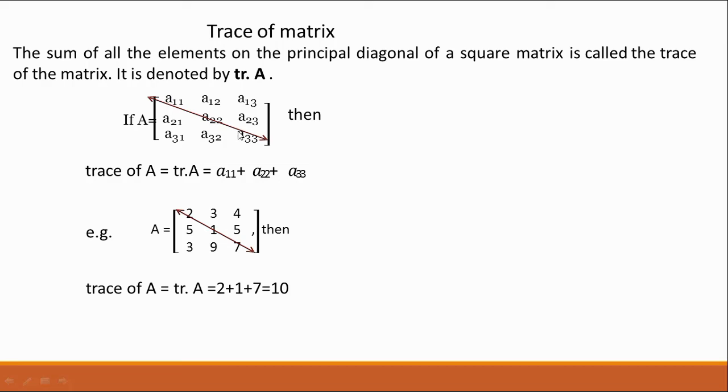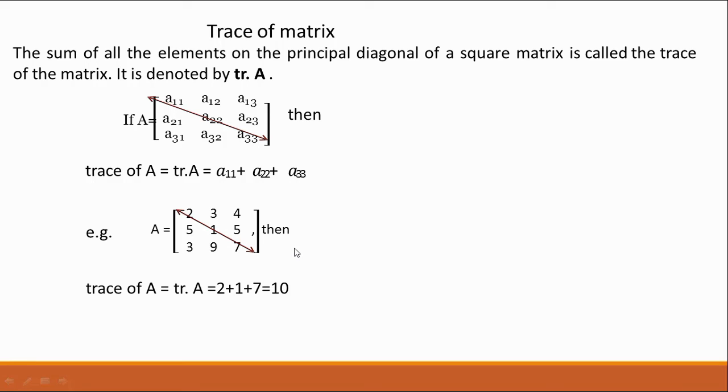If we add these three numbers, A11 plus A22 plus A33, then we get the trace of the matrix. For example, in this matrix 2, 1, 7 lie on the principal diagonal. If we add these numbers, 2 plus 1 plus 7 is equal to 10, so this is the trace of the matrix.